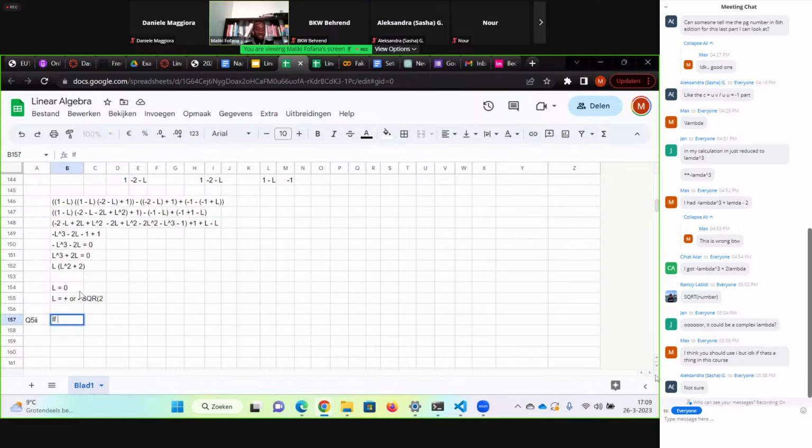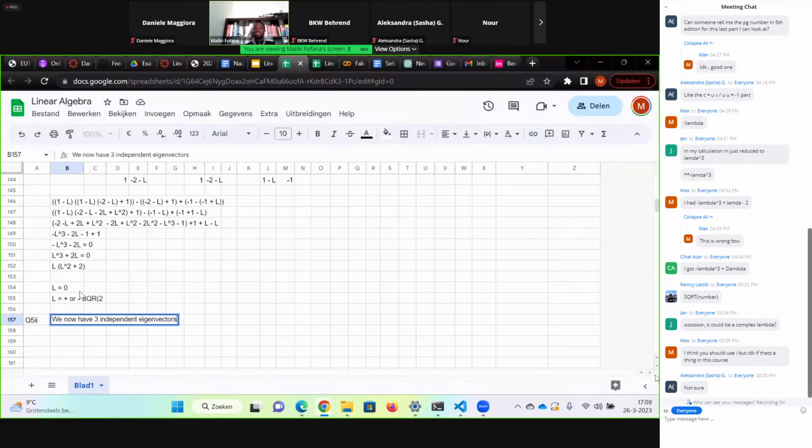If you look at it, we now have three independent eigenvectors, because we have three independent eigenvalues.